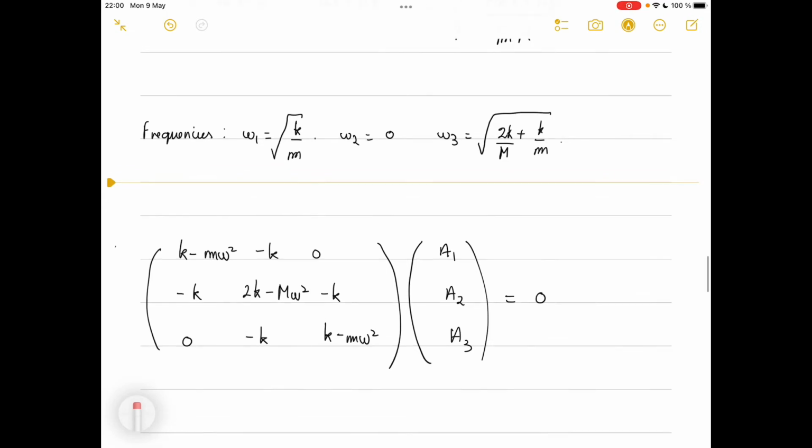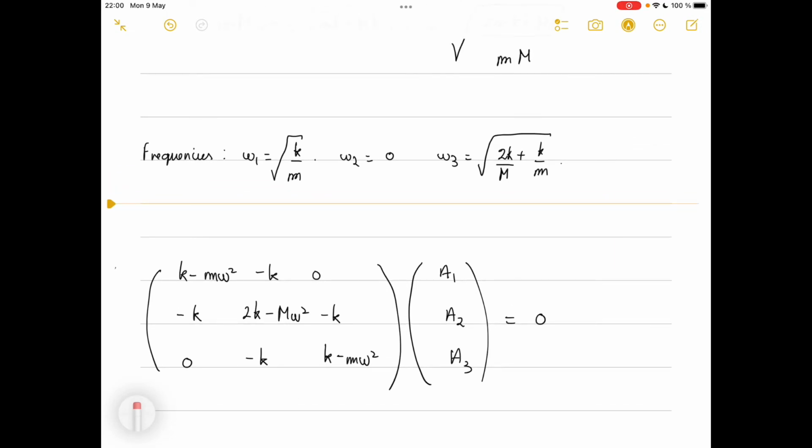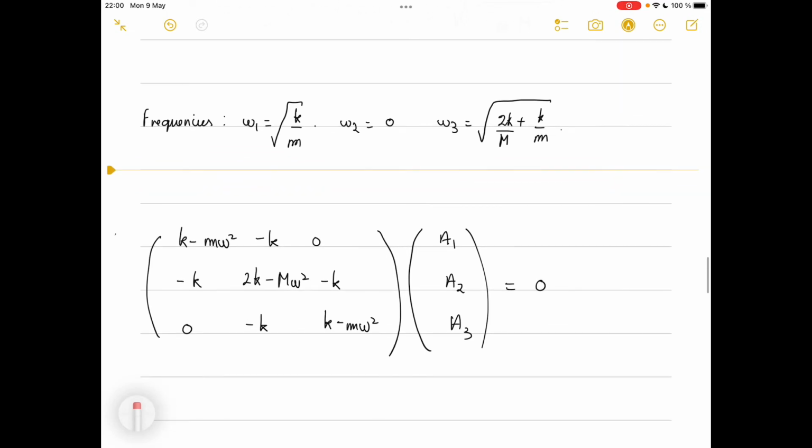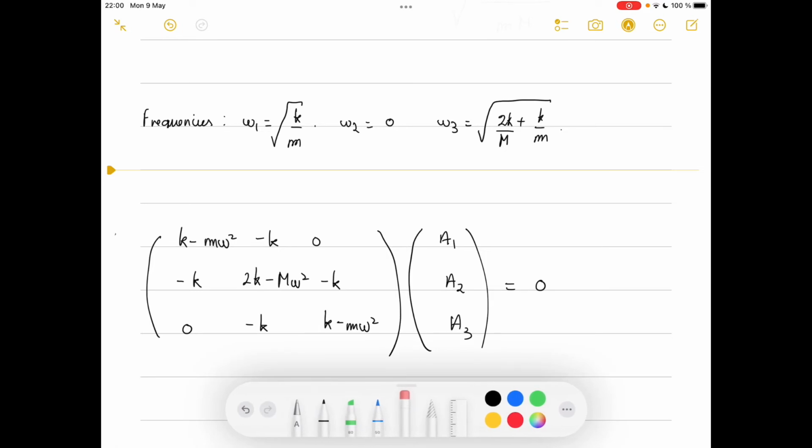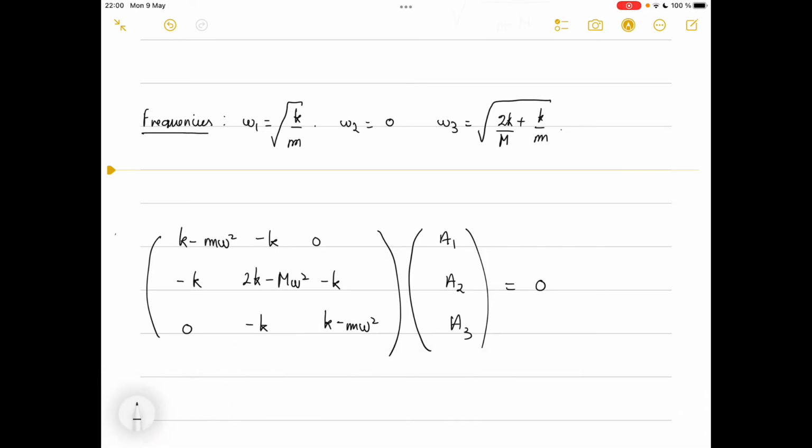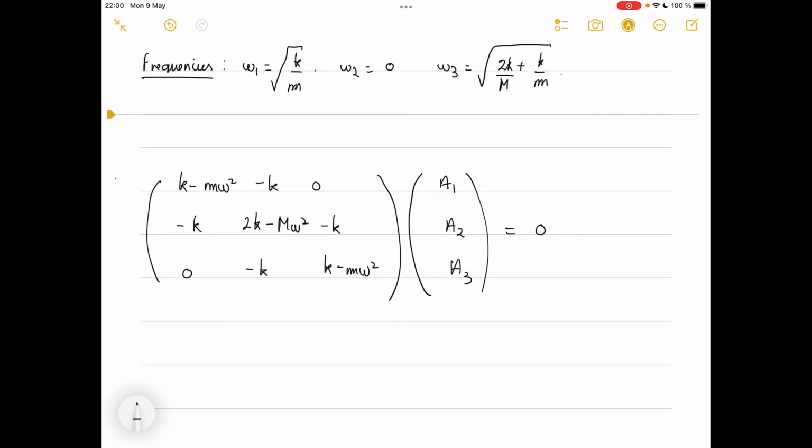We found the frequencies of the normal modes by setting the determinant of the matrix to 0, over there on the top. And now we've got a linear equation that we want to solve for A1, A2, and A3. This will give us the normal modes of vibration.